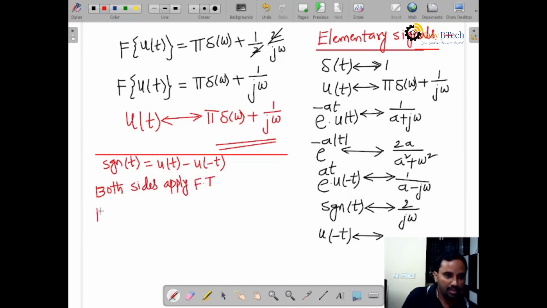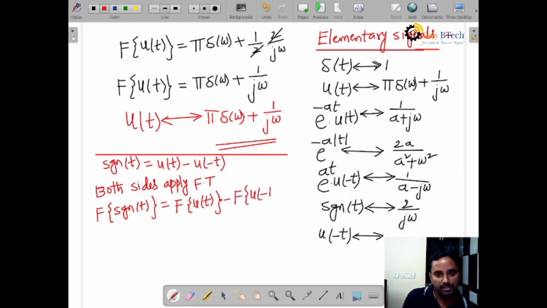Fourier transform of signum of t is equal to Fourier transform of u of t minus Fourier transform of u of minus t.